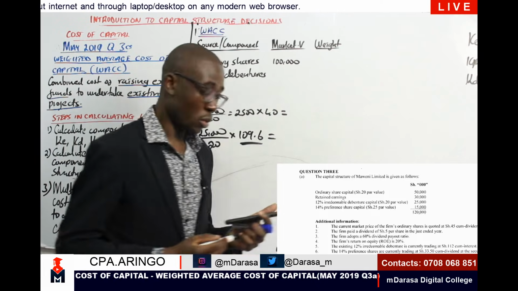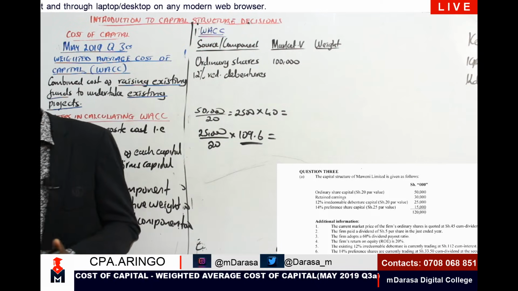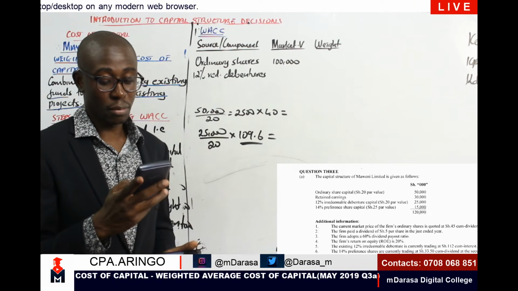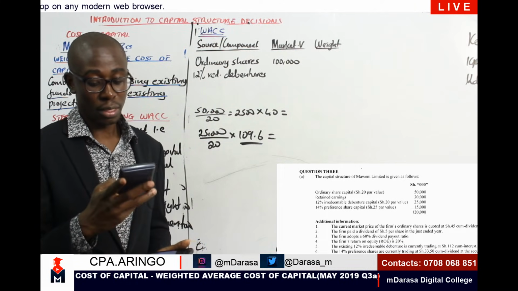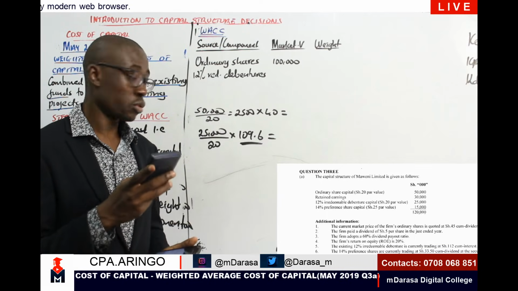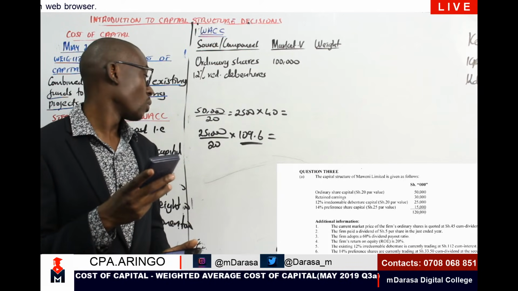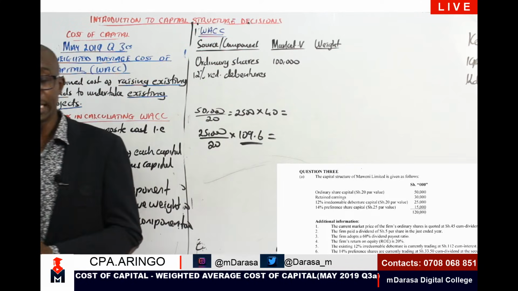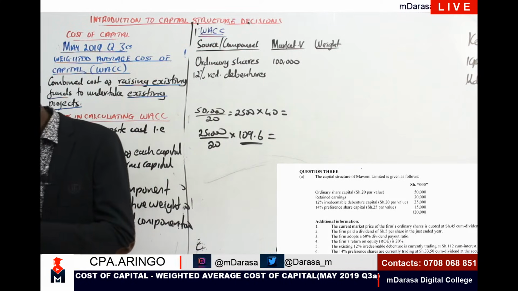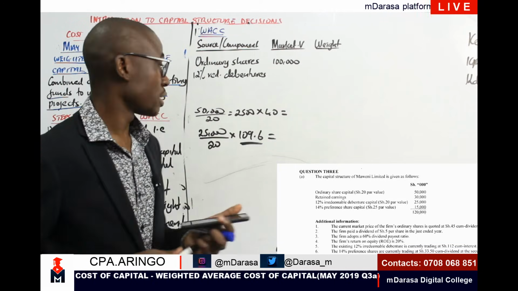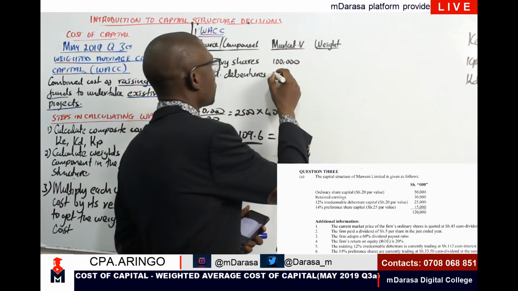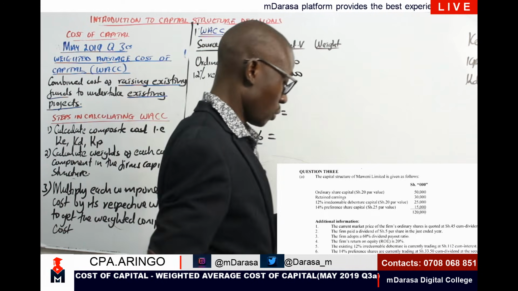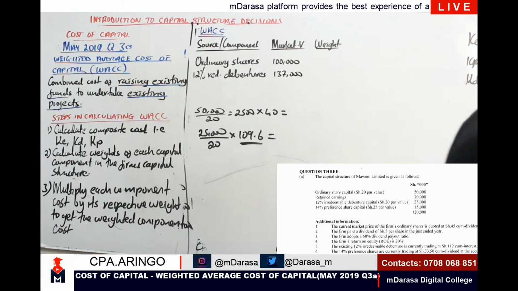So if we work it out, we should be talking of 25,000 divided by 20, that should give us 1250, times 109.6, to give me a figure of 137,000.